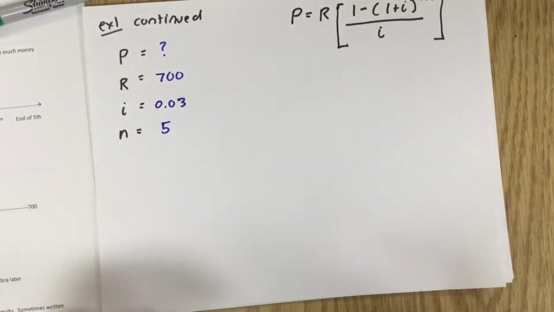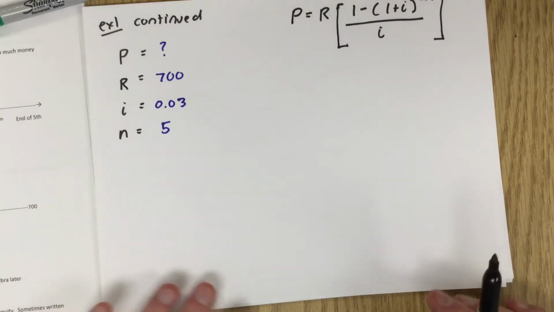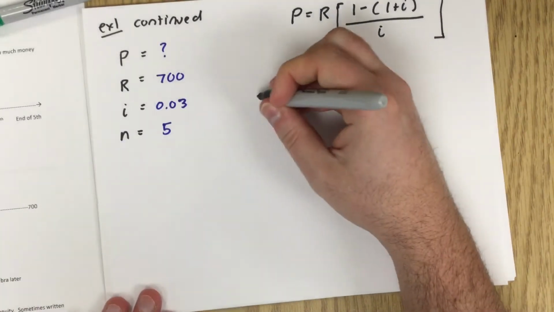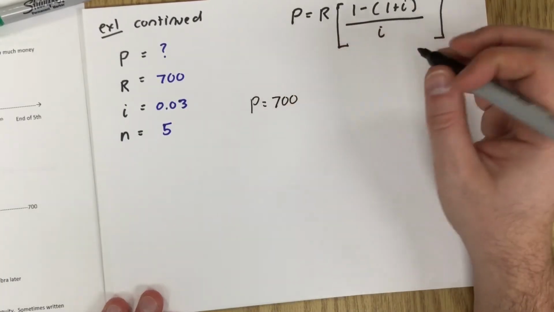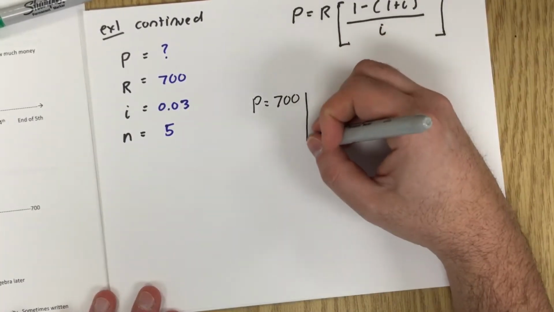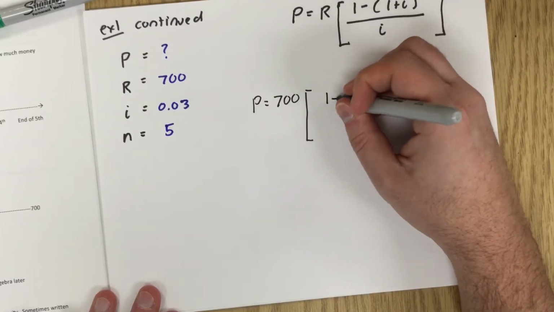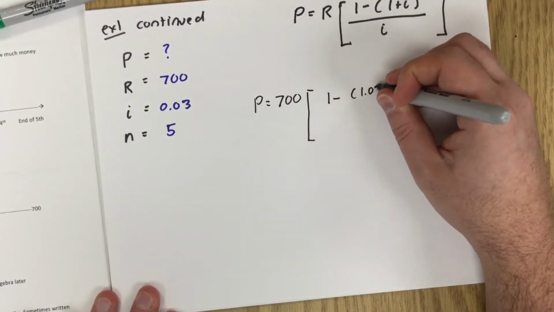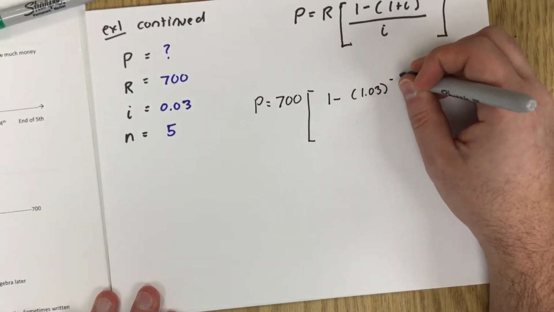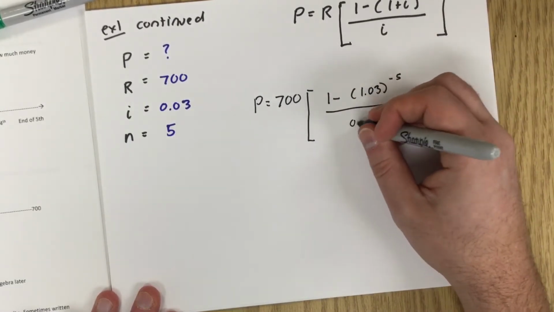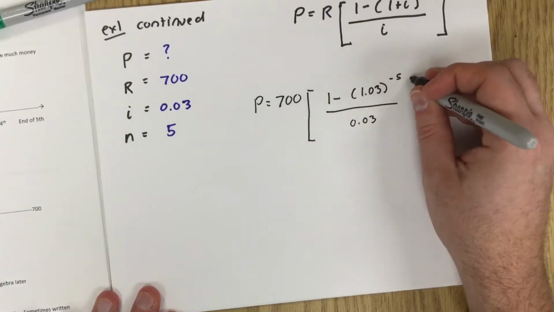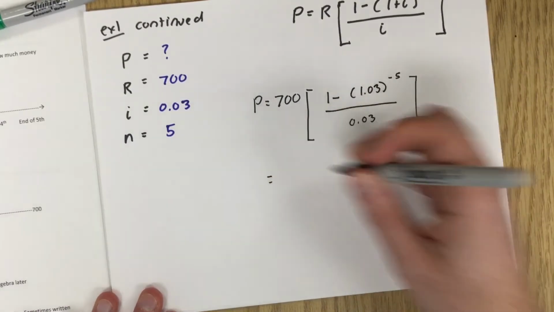And so we're going to say, okay, we don't know what the P is. We know the R, we know the I, we know the N. So it's going to be 700 times (1 minus 1.03 to the minus 5), all divided by 0.03.